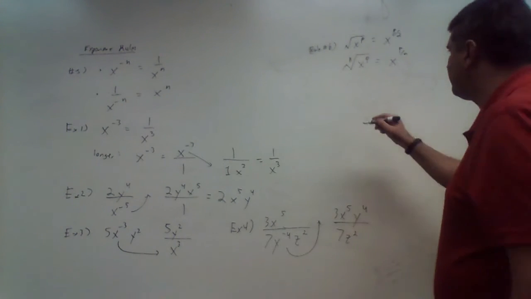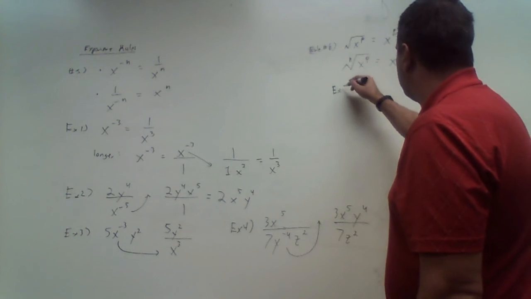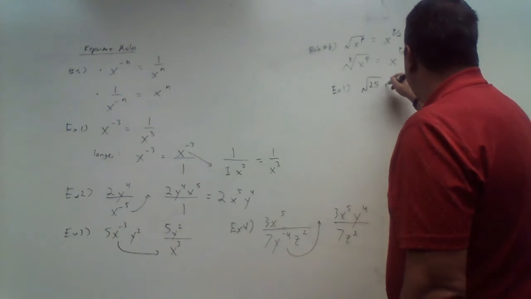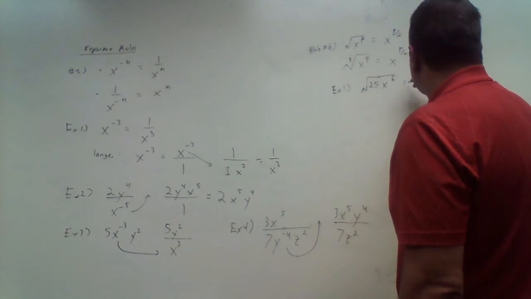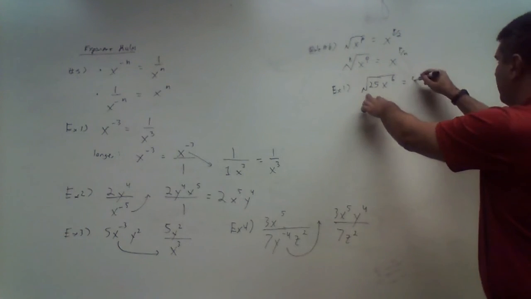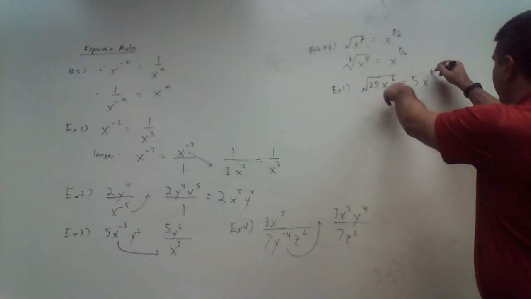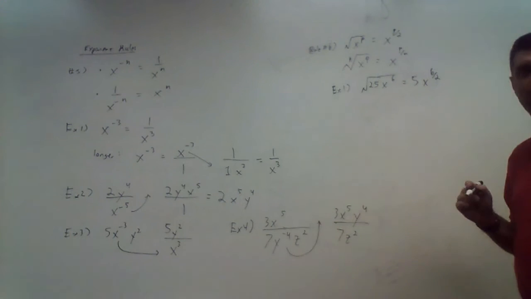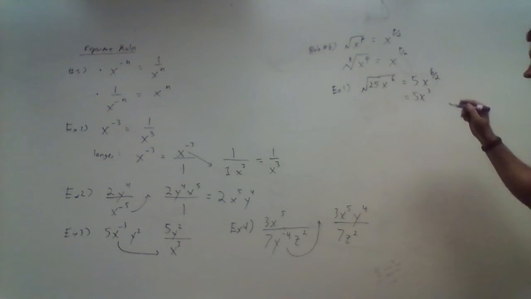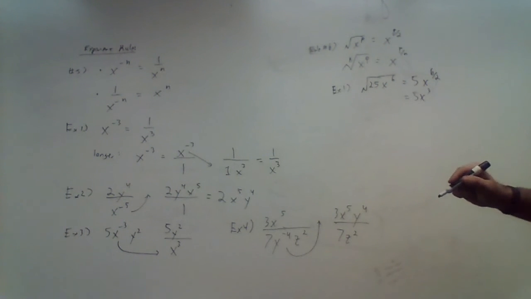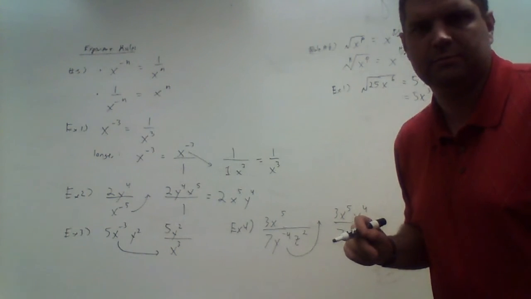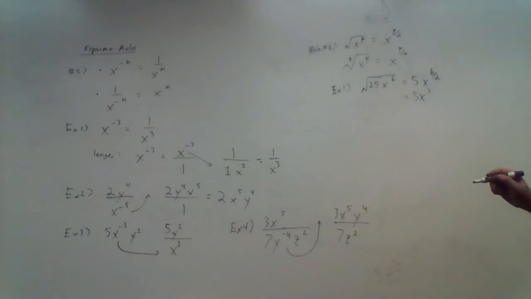Okay? So one example I used was the square root of 25x to the 6th. Well, the square root of 25 is just 5. But we're going to take the 6 and cut it in half, which leaves me 5x cubed. Okay?